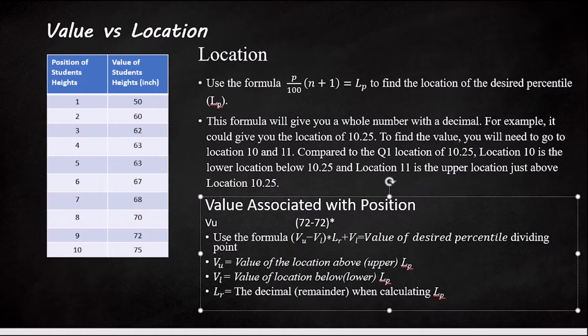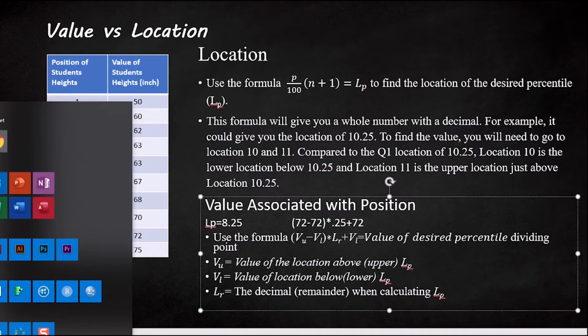Remember the location, L sub P equals 8.25. This 0.25 is the remainder, the location remainder, and then we add it to the value of the lower.